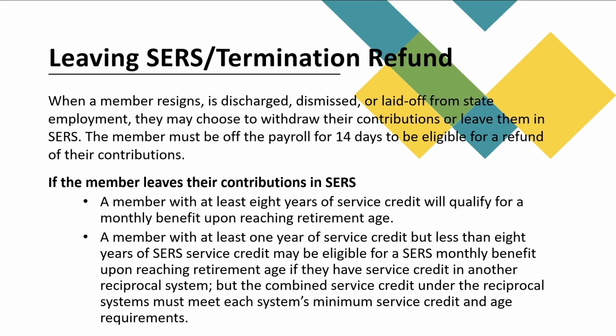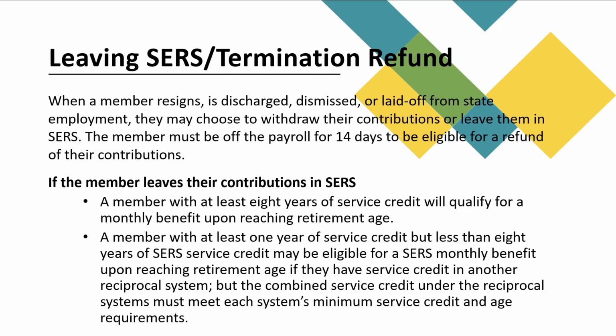A member with at least 1 year of creditable service, but less than 8 or 10 years of service credit with SERS, may be eligible for a monthly benefit upon reaching retirement age if they have service credit in another reciprocal system. But the combined service credit under the reciprocal system must meet each system's minimum service credit and age requirements.